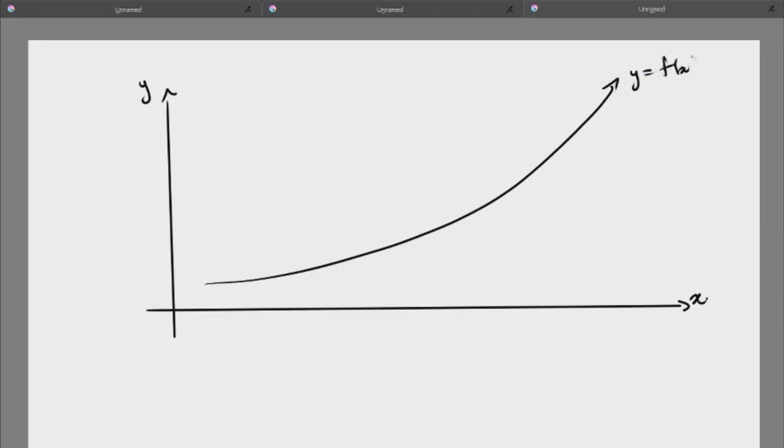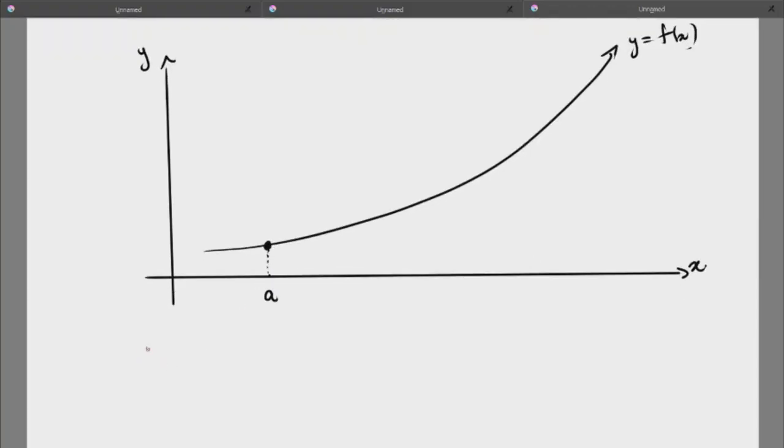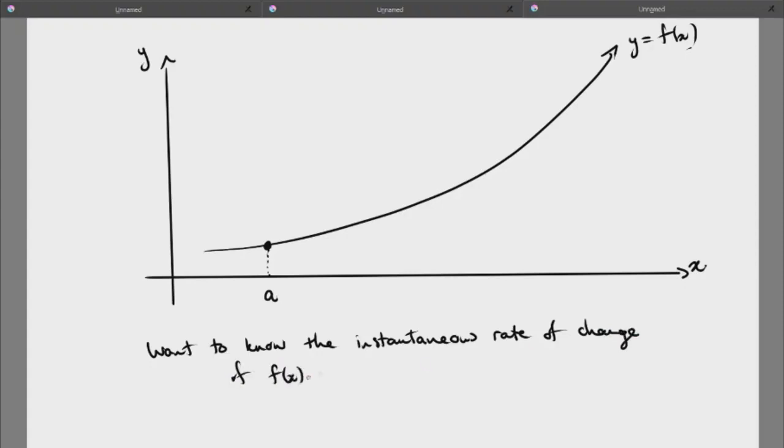So here's my function. And let's suppose I want to know at this a exactly what is the rate of change right there. So I want to know or find the instantaneous rate of change of my function at x equal to a.